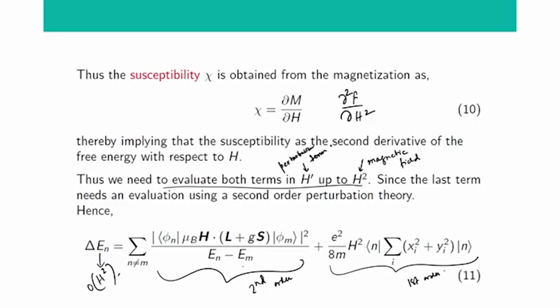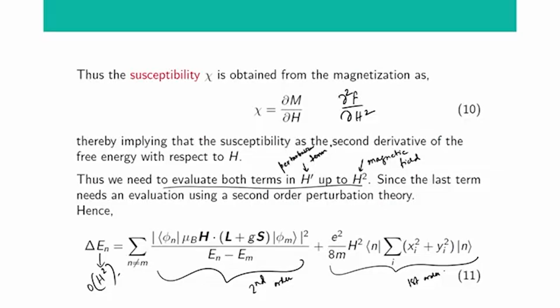So, we treated the first term up to second order and the second term up to first order, so that our correction up to order h square is obtained. And why do we want h square is just what we have written here in equation 10. So, we need the free energy or the energy to take a double derivative with respect to the magnetic field, so that we need these corrections to be of the order of h square.